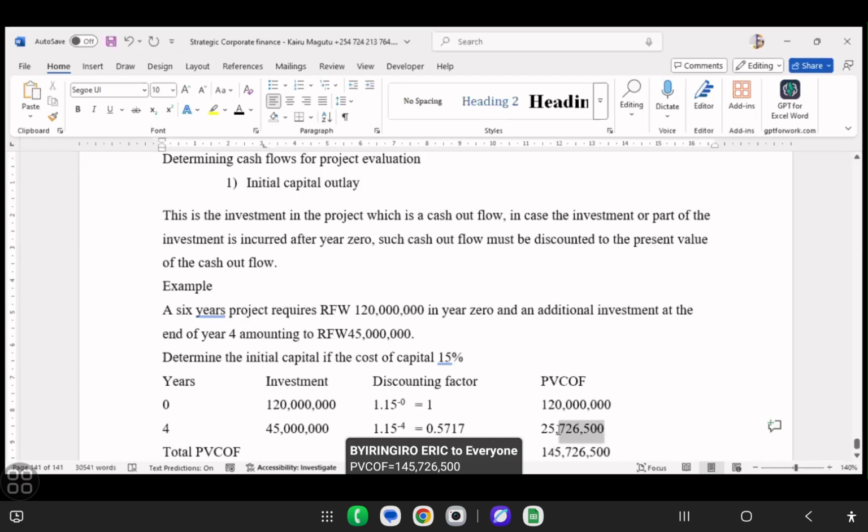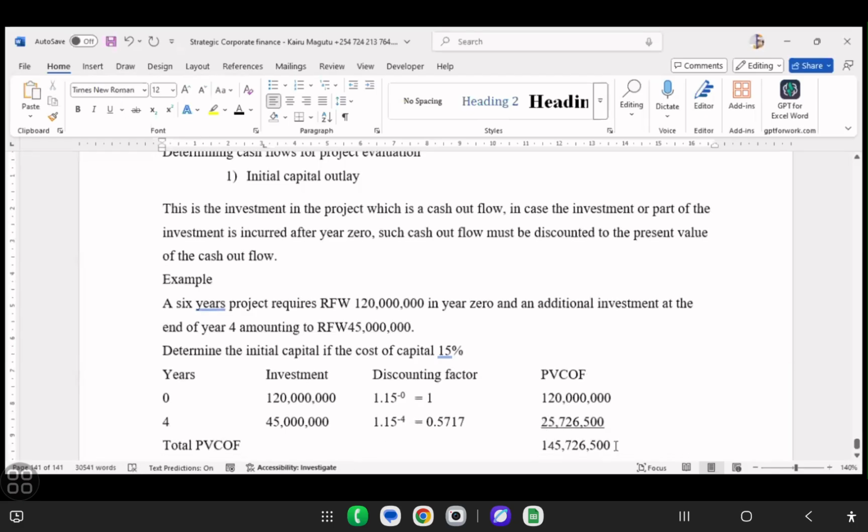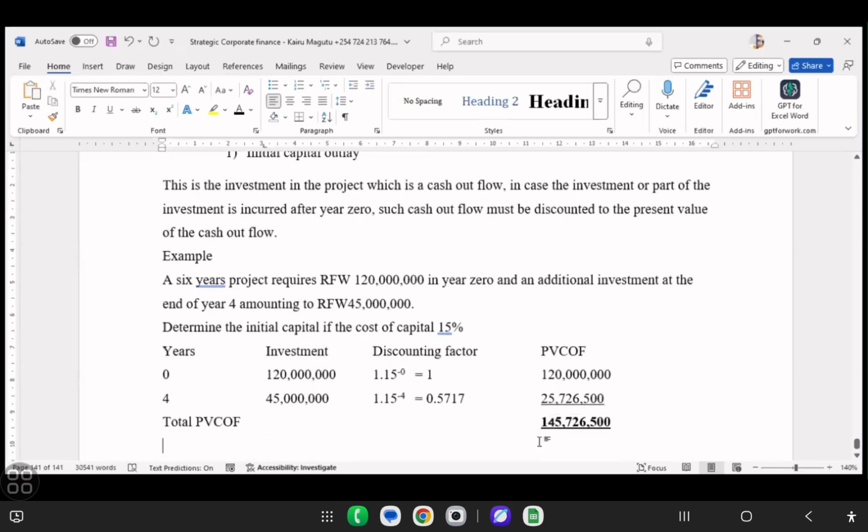Yes, 145. That is the initial capital outlay. That's the first cash flow. Always determine the initial capital outlay. In most cases, you'll be told that it is just incurred once. But if they are incurred after year 0, always remember to discount.